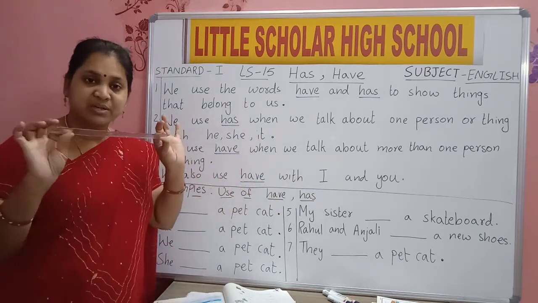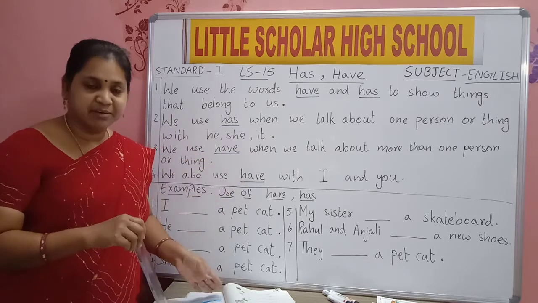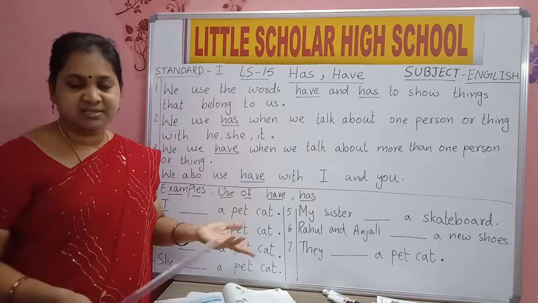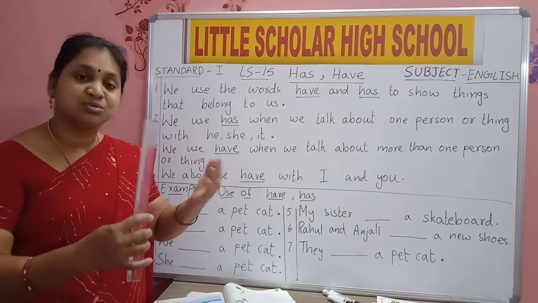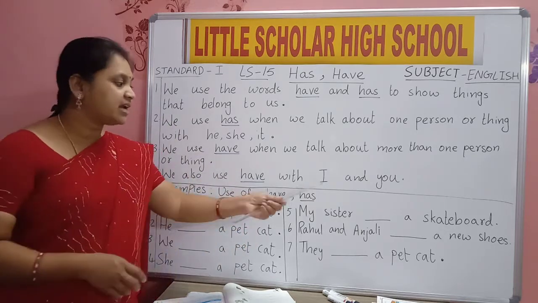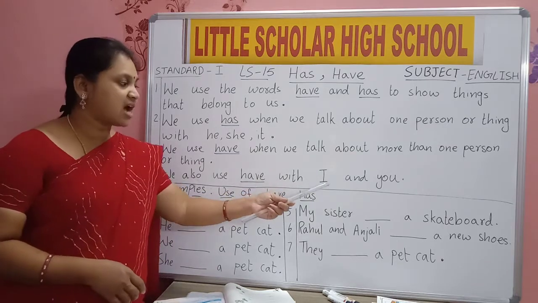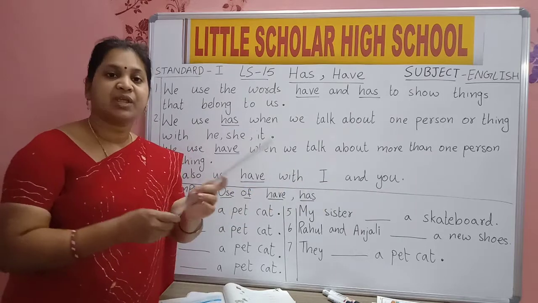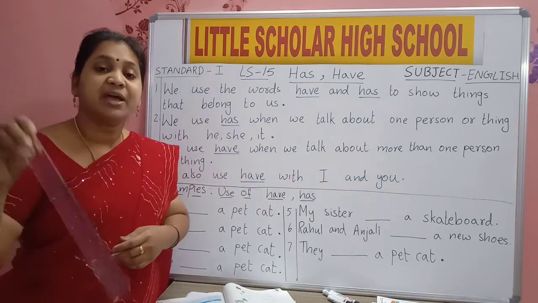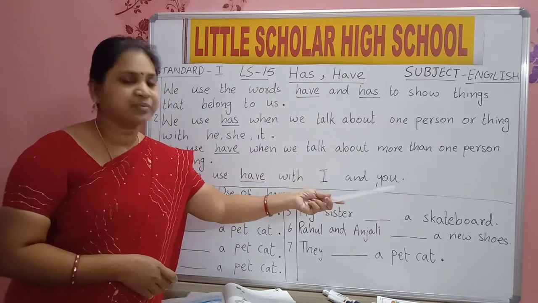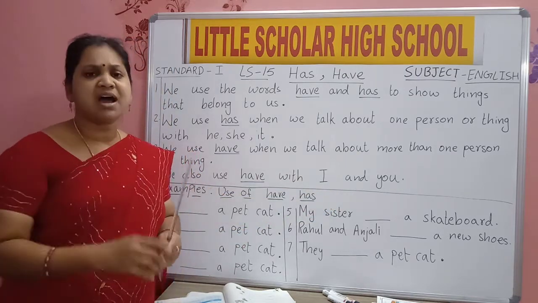I have a scale. I have a book. I have a board. I have a razor. So for things belonging to oneself, have should be used with I. And also you. You have a scale. You have a razor. You means how many? You may be one or many.